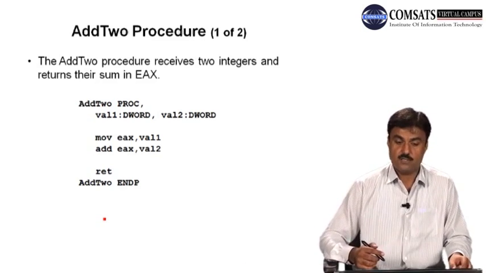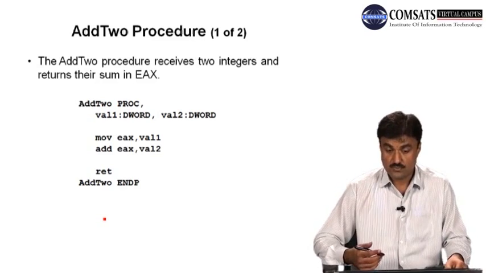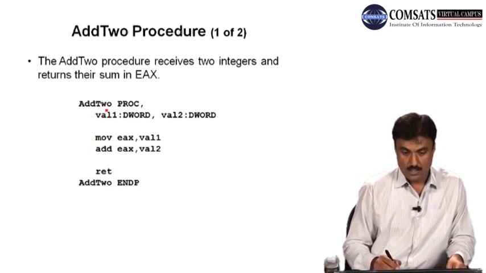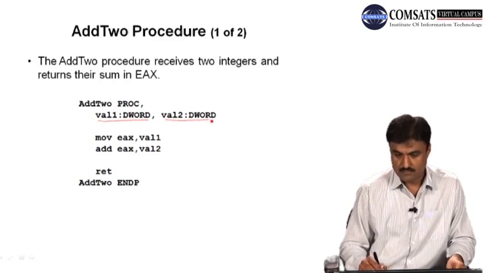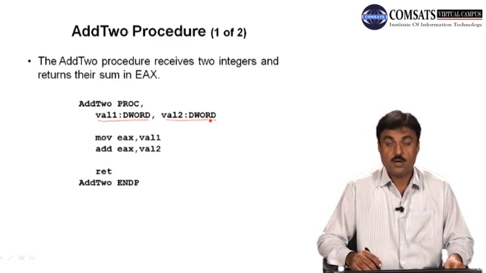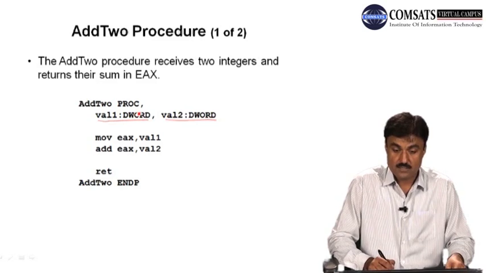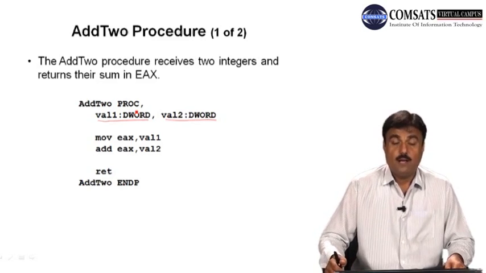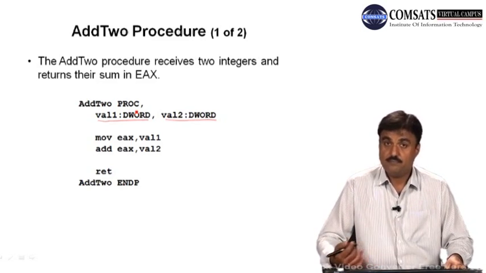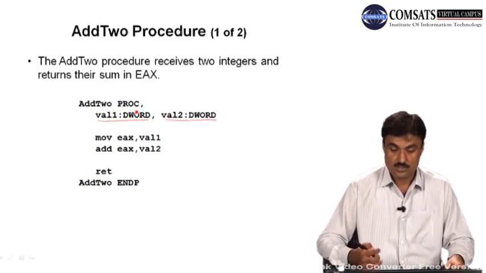So, AddTwo procedure, for example: this procedure will add two variables, whatever two variables you pass as arguments. So this is val1 as a double word, val2 as a double word. Both are double words, and these two are received by the procedure as integer parameters, and this procedure will return the sum of these two parameters in the EAX register.